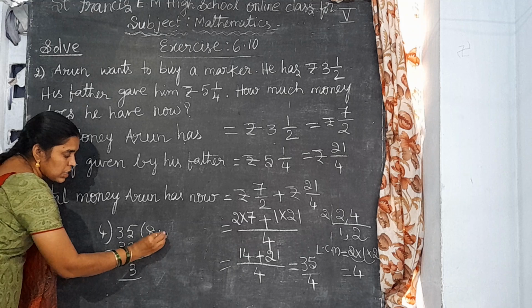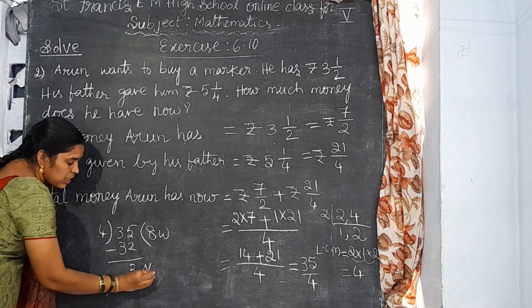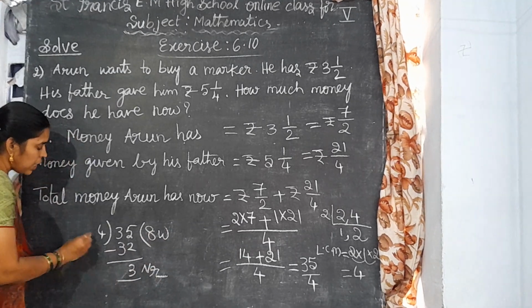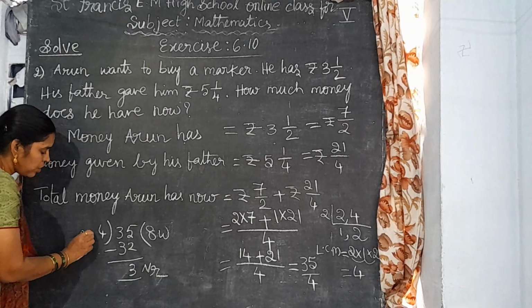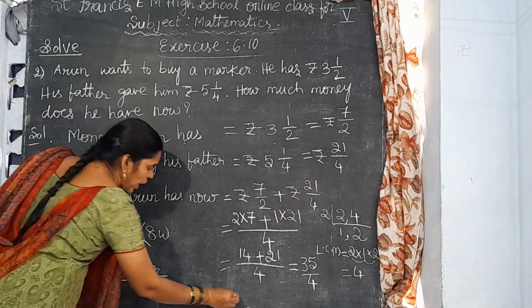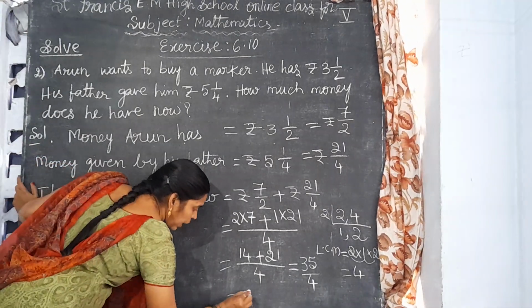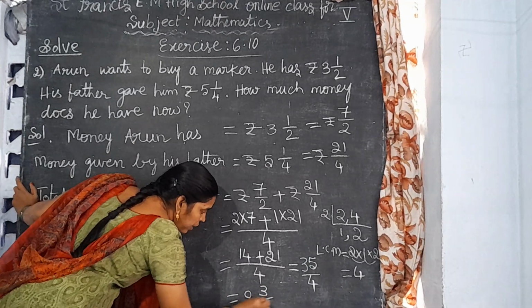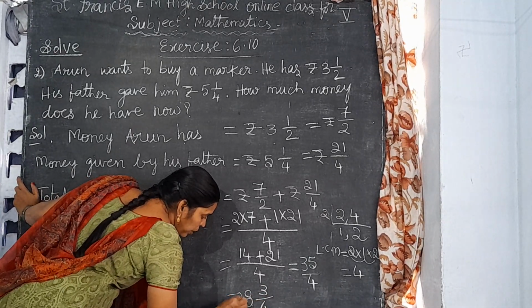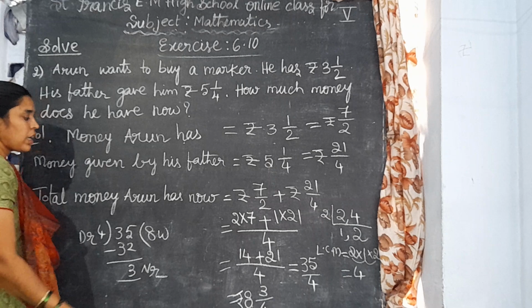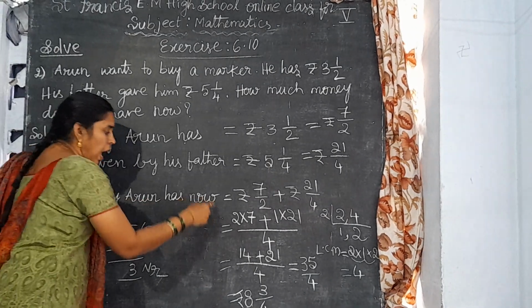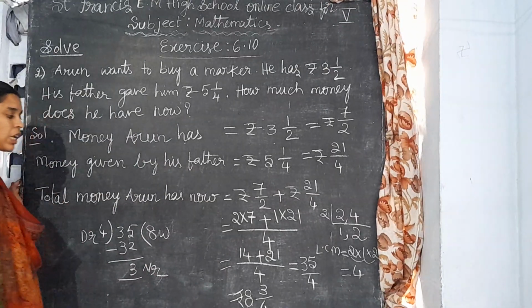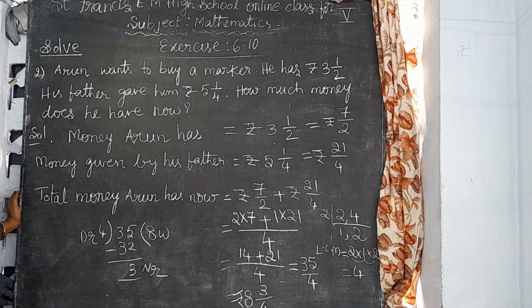So this quotient is called the whole number. Remainder is written in the numerator and divisor is in the denominator. So what is that fraction? 8 3 by 4 rupees. Total amount Arun has now is equal to rupees 8 3 by 4. Okay.